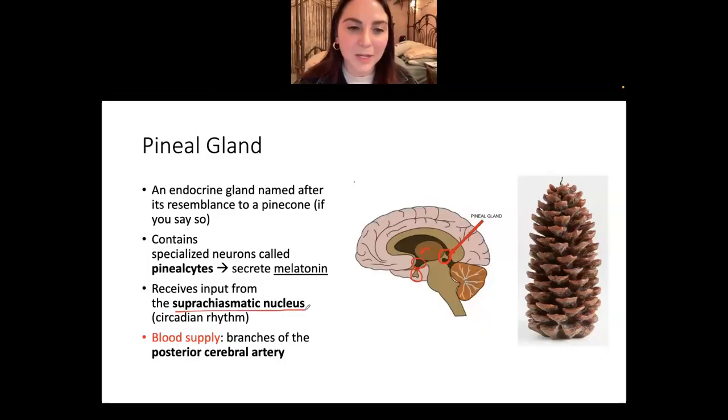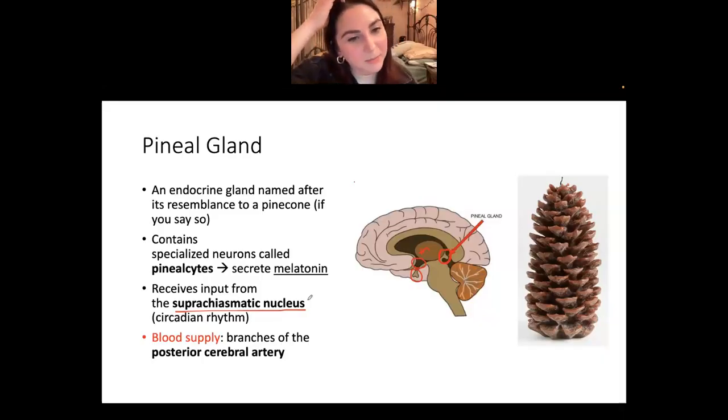But the suprachiasmatic nucleus is really important. It's a brain structure you will cover in neuro, and it's important for establishing circadian rhythm. This suprachiasmatic nucleus sends input to the pineal gland, and basically that tells the pineal gland, hey, it's light out, stop secreting melatonin, or hey, it's super dark out, it's time to go to bed, let's secrete some melatonin.